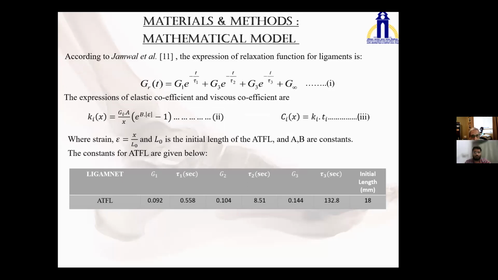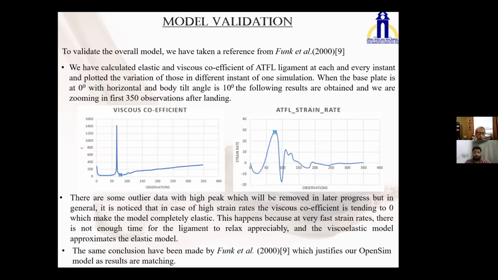We got the values of those constants by curve fitting of data, and the corresponding stiffness value K and viscoelastic coefficient value C are given in formulas 2 and 3. We have calculated strain rate with these values and also calculated the elastic and viscoelastic coefficients with these equations. And now the part of model validation is there.